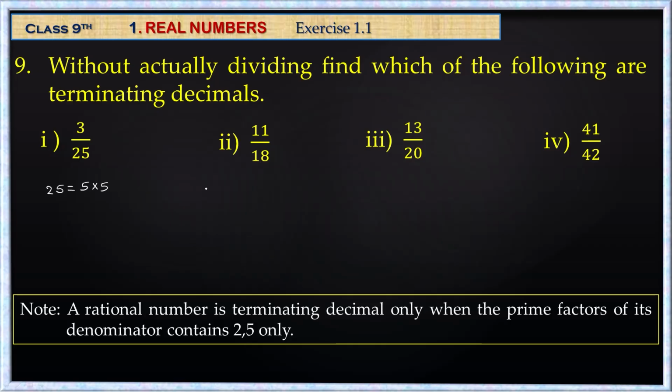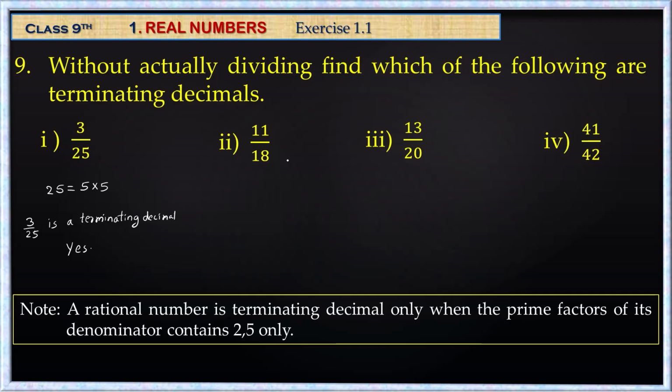So 2 is not there, but only 5 is there. So we can say that 3 by 25 is a terminating decimal. So we can say that yes.